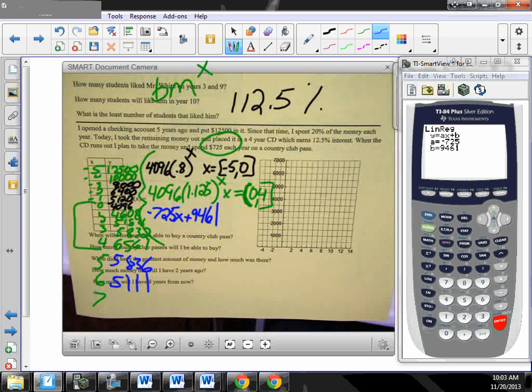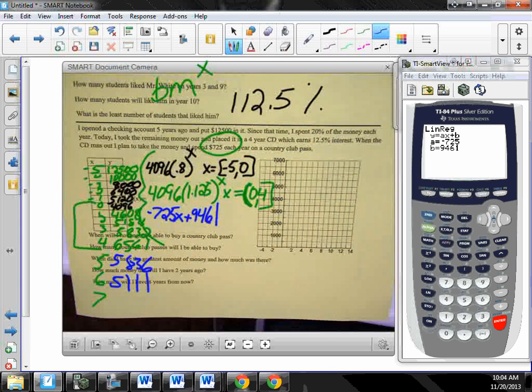From 4 until I run out of money, right? Because once I run out of money, I can't buy any more passes. So how am I going to figure out when I run out of money? You could do it that way, but what I would recommend, if you did it that way, you would figure out how many more years you had.